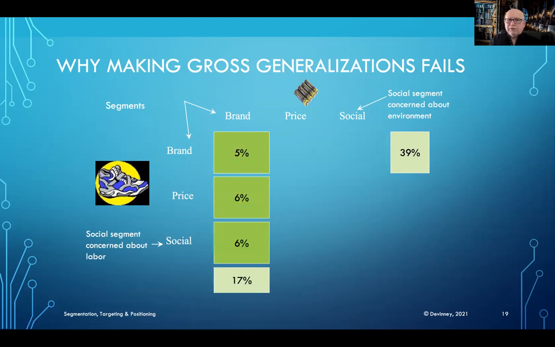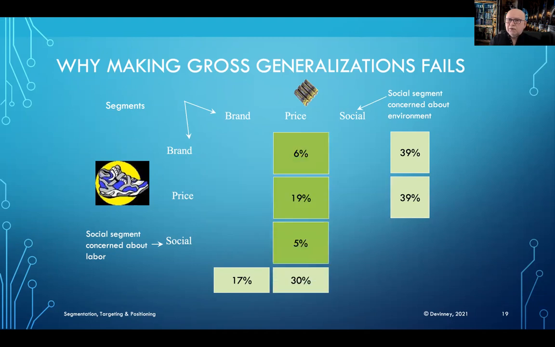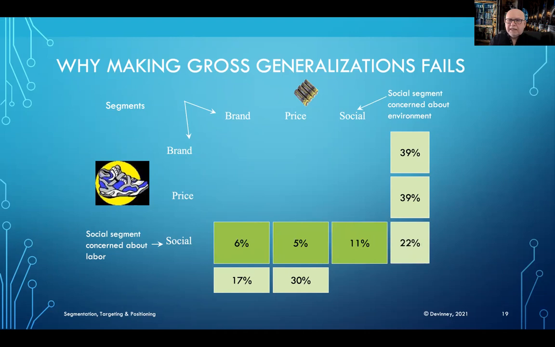If your decision model for batteries is brand, then there's no predictability as to your decision model on shoes. If your decision model in shoes is oriented towards price, again, there's not a clear indicator of how your decision model would look with respect to batteries. If it was based on price for batteries, it looks like price on shoes works. And then social against social, nothing.